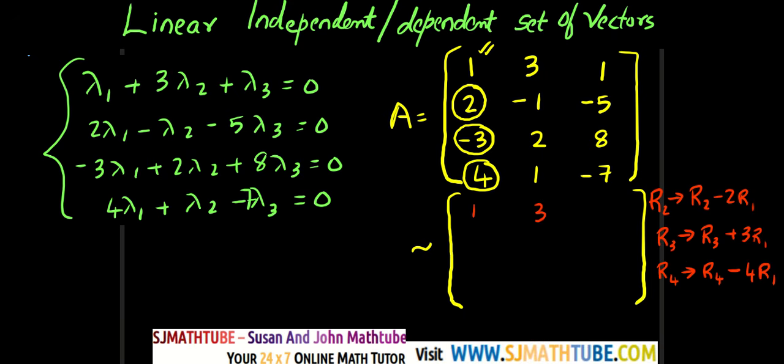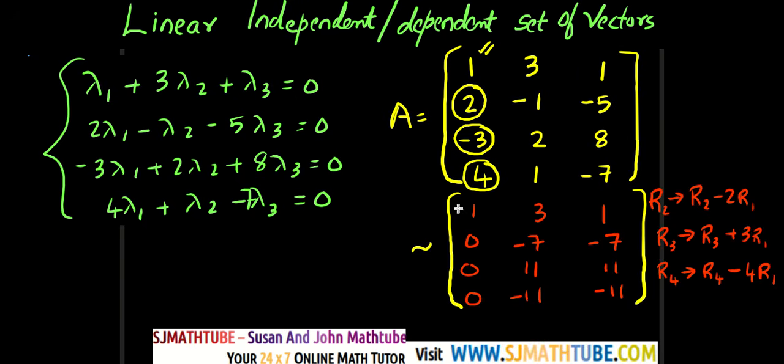And that will be 1, 3, 1. Of course, 0, minus 7, minus 7. Then 0, 11, 11, and 0, minus 11, minus 11.